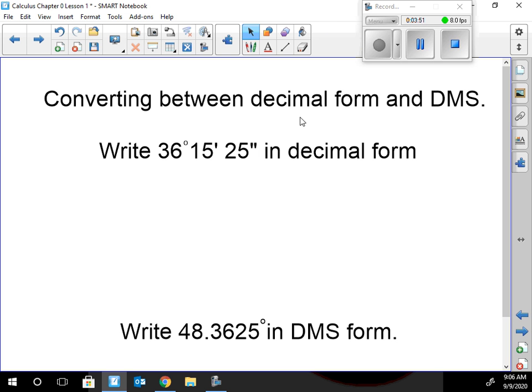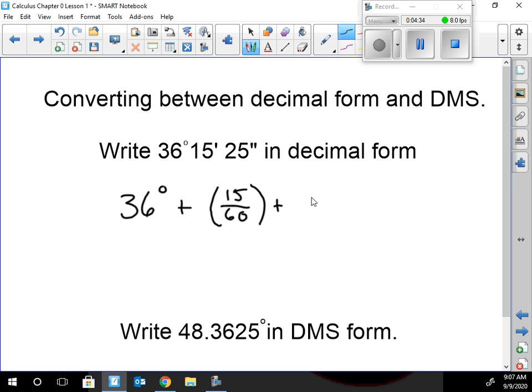Converting between decimal form and DMS. I'm starting with DMS: 36 degrees, 15 minutes, and 25 seconds. If I need to write that in decimal form, what I actually have to do is leave the 36 degrees the same. That's my favorite part. And you do plus 15 minutes on the top, and there's 60 minutes in a degree on the bottom.